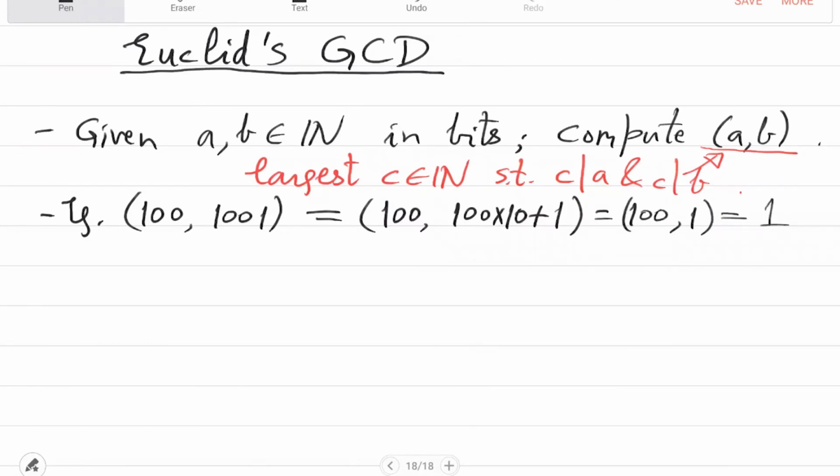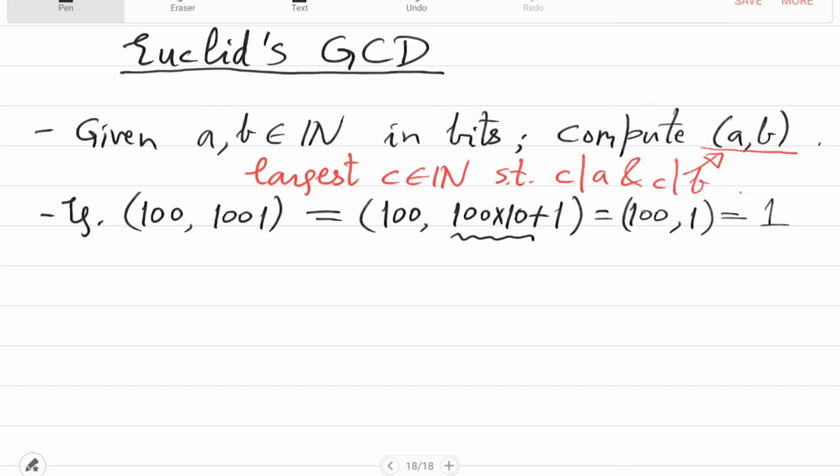Right, so you see that 1001 when divided by 100 gives remainder 1, and whatever this part is, this is not important for the GCD conclusion. So you drop this part and then you are left with 100 with 1. So obviously the GCD is 1.